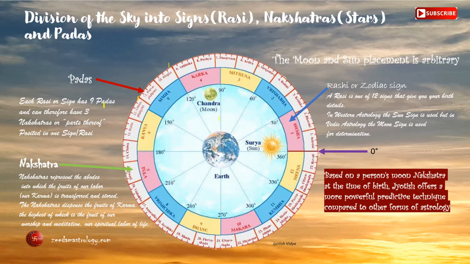So you have changes basically every month for the sun. But remember, the moon moves every 2.5 days. So this is why the birth chart, the kundali, and your rising sign or your rising moon will be different in Vedic astrology.